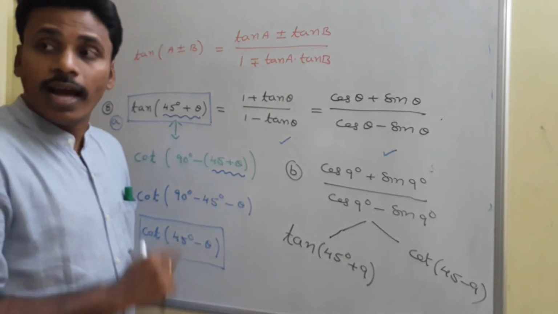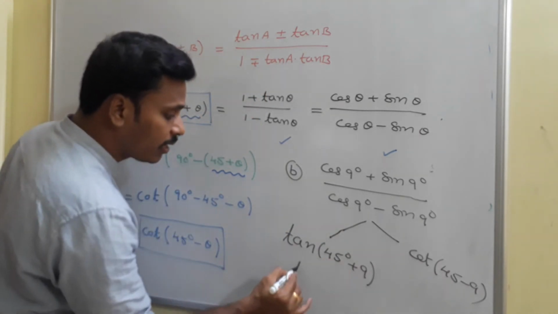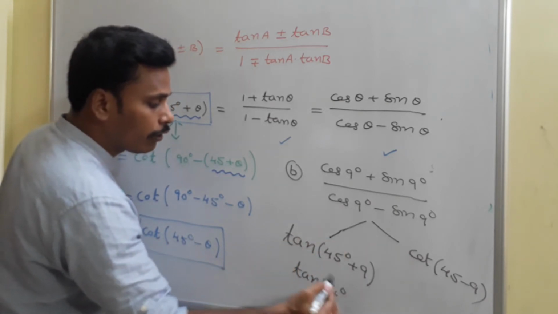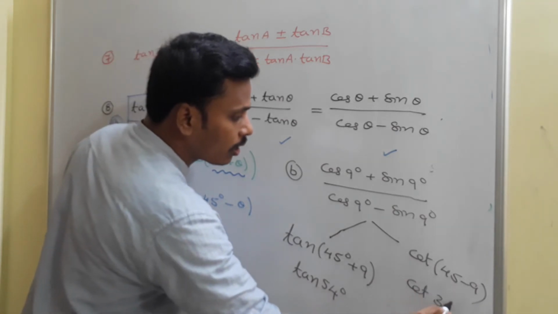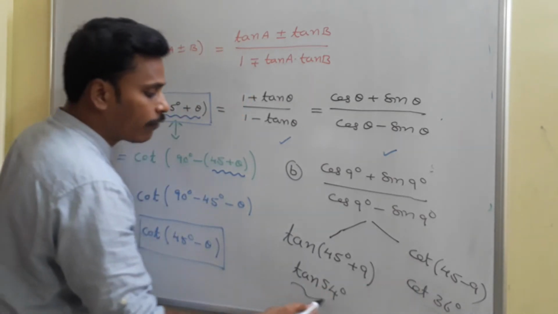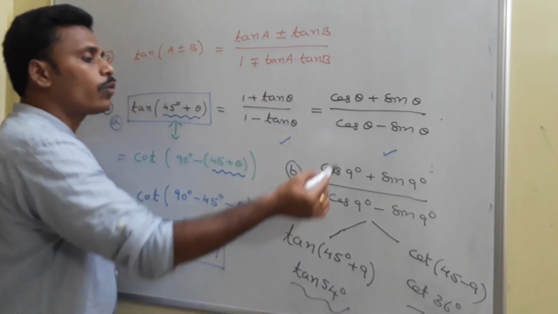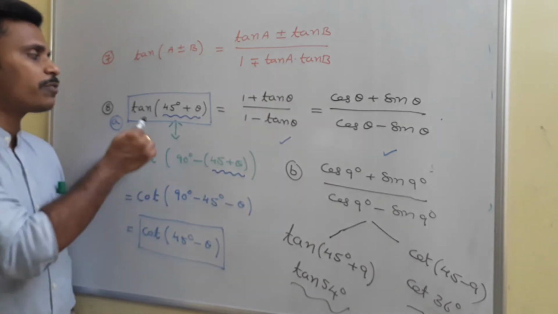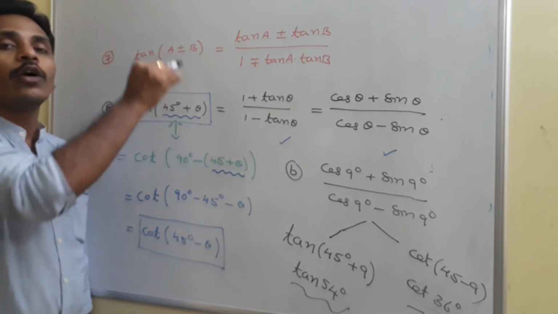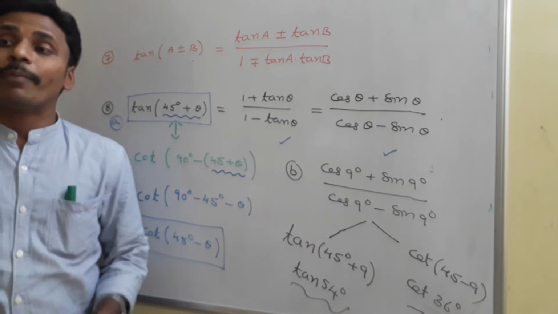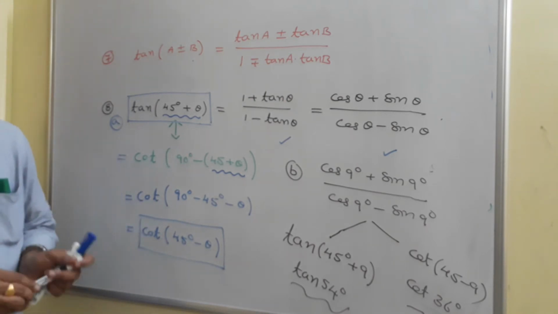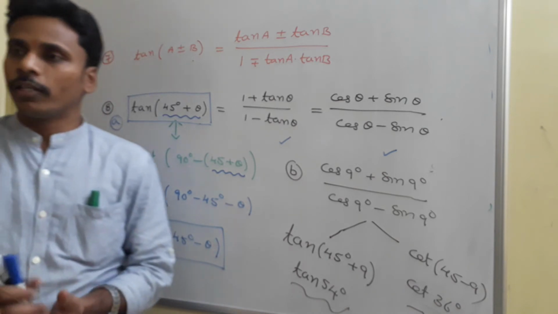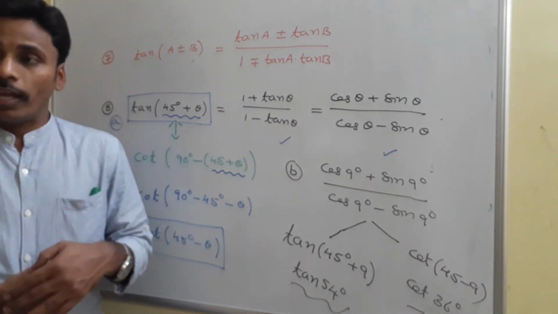Both are same actually. And this tan of 45 plus 9 is nothing but how much? Tan 45 plus 9, which is tan 54 degrees. And this is what? Cot 36 degrees. So this tan 54 and cot 36 is equal to (cos 9 plus sin 9) by (cos 9 minus sin 9), and it all happens just because of this tan of 45 plus theta, which I derived from tan of A plus B. So this is just like a logical game which we play with the help of tan of A plus B as well as with the help of tan of A minus B also.